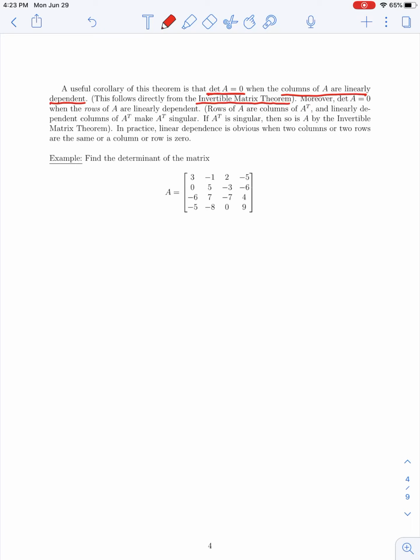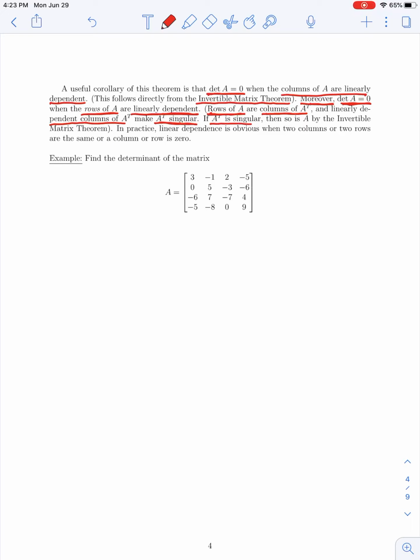Now, another result: moreover, the determinant of A is equal to 0 if the rows of A are linearly dependent. So why would that be true? Well, again, it follows from the invertible matrix theorem. The rows of a matrix A would be the columns of A transpose, and linearly dependent columns of A transpose would make A transpose singular.